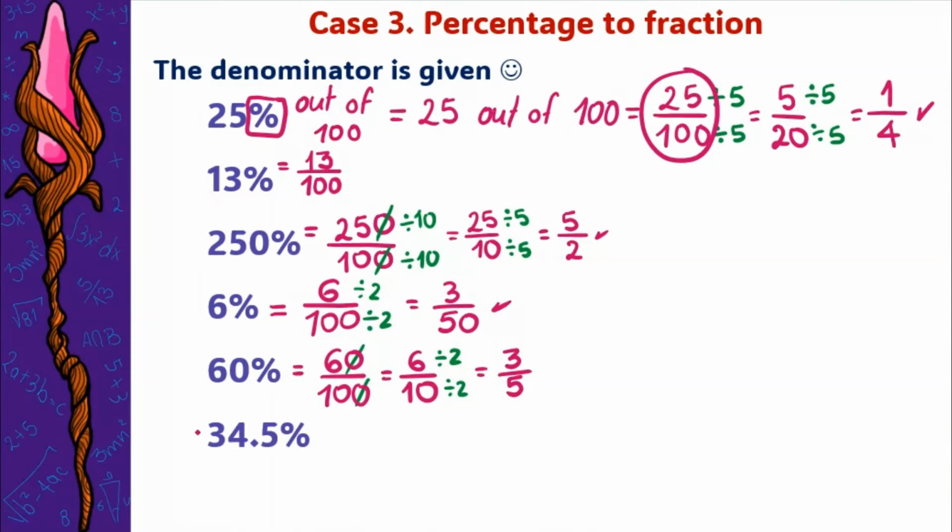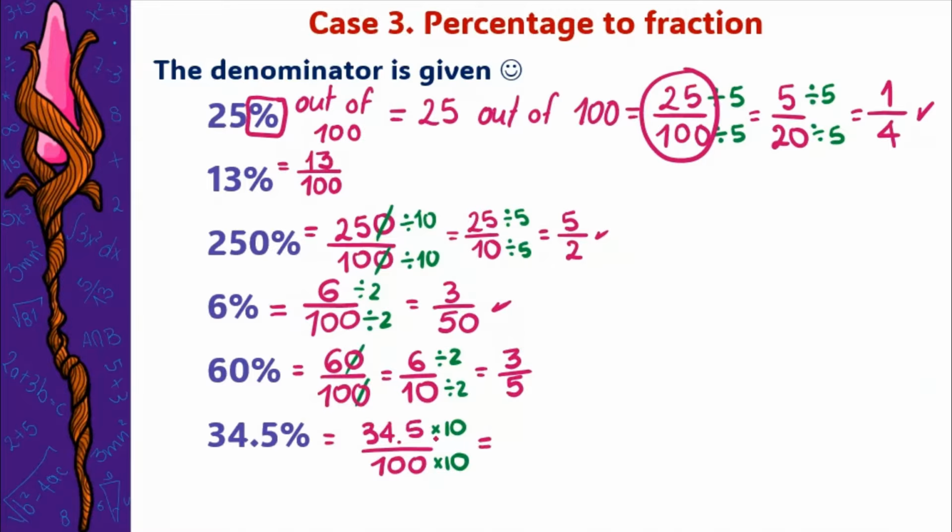What happens if we have a decimal here? Let's see. That would mean 34.5 out of 100. The problem is that when we use fractions, we don't use decimals. So the solution is to use equivalent fractions again, but in this case we need to multiply. So we are going to convert the number at the top into a whole number.